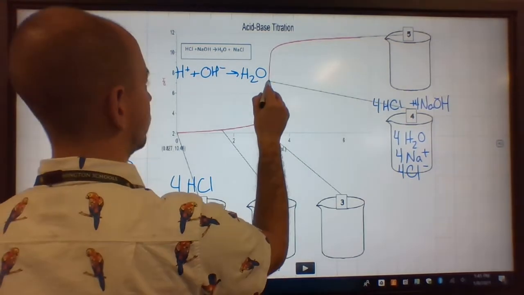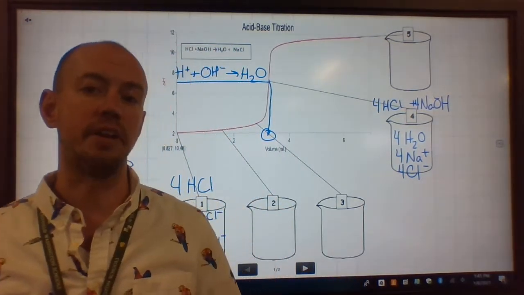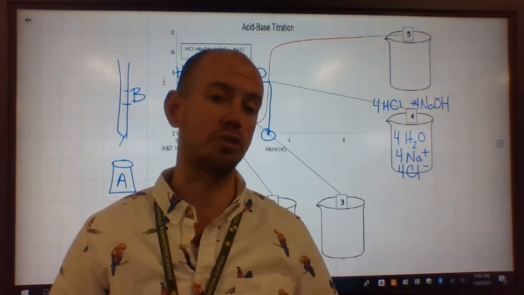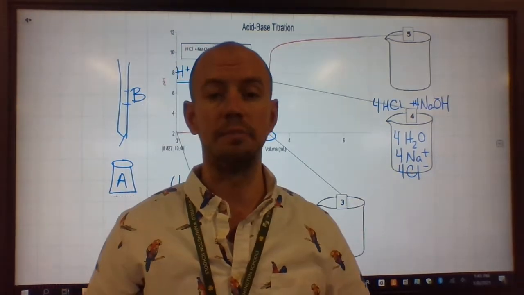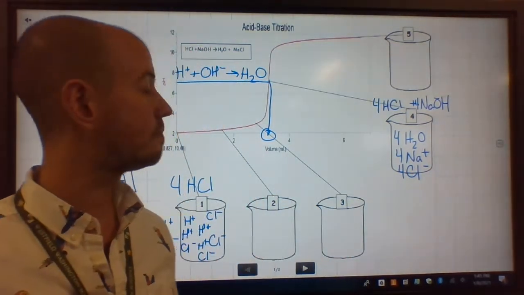We have a certain volume, and we see, because it's strong with strong, our pH is 7. Water is neutral, and sodium, because it comes from a strong base, and chloride, because it comes from a strong acid, is totally neutral as well.